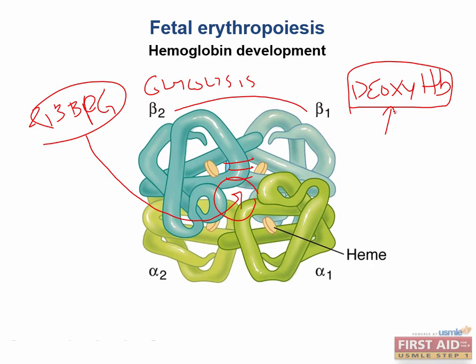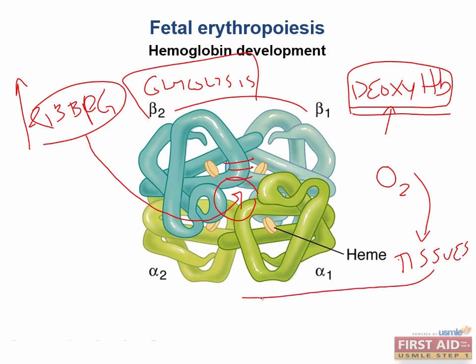This makes a lot of sense, right? Because if cells are producing a lot of 2,3-BPG because of their anaerobic metabolism, such as glycolysis, we don't want to steal oxygen from our tissues. We want deoxyhemoglobin to be the main type of hemoglobin in the blood so that oxygen is going to be released into the tissues that need it, the anaerobic ones that are producing all of this 2,3-BPG.